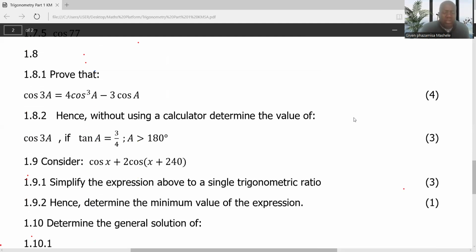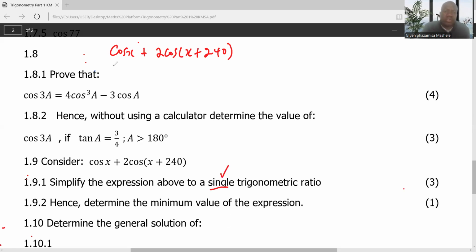So then 1.9 it says, consider cos(x + 240). Then the question says, simplify the expression above to a single trigonometric ratio.